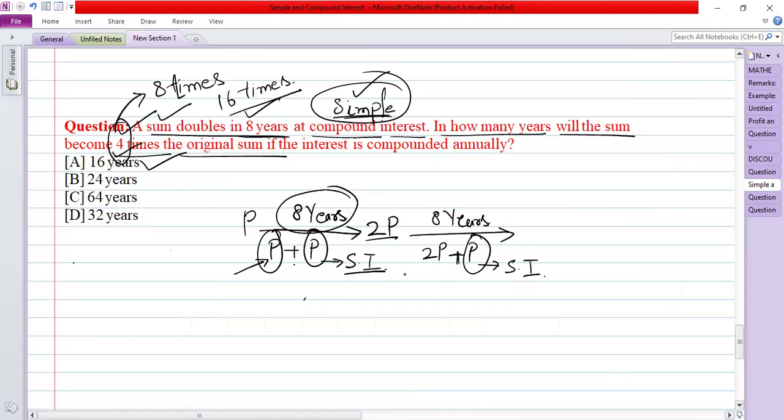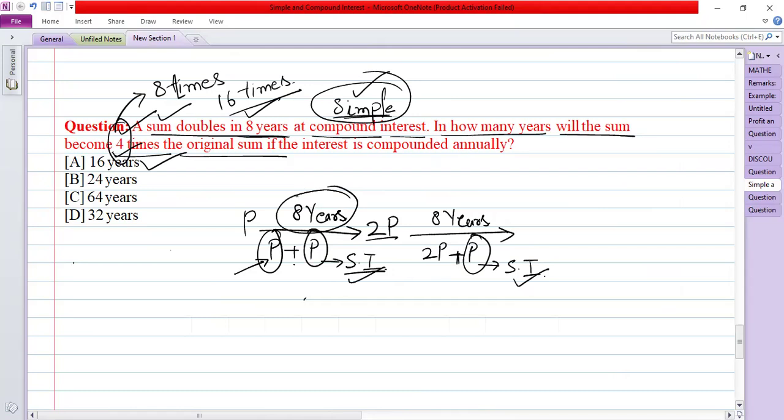Because I had discussed in the starting of the lecture that this is the characteristic or property of simple interest, that interest is the same, constant, for every year.